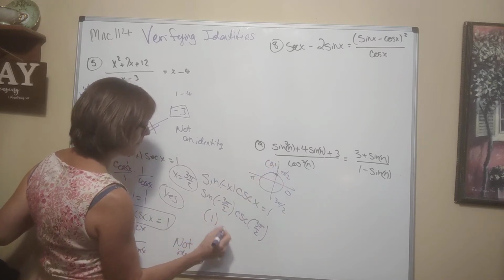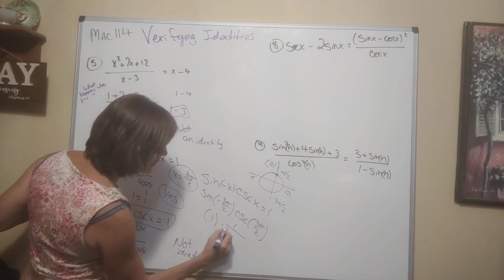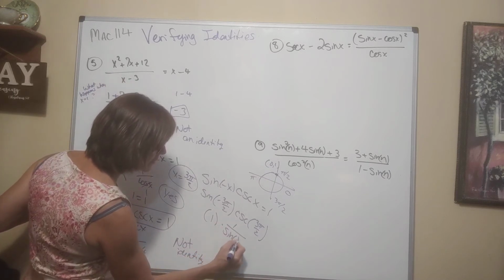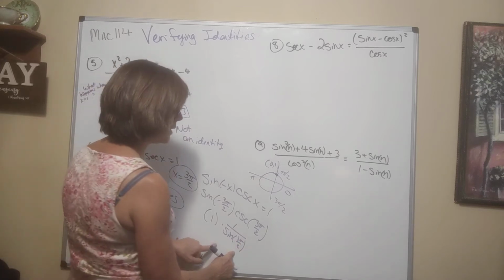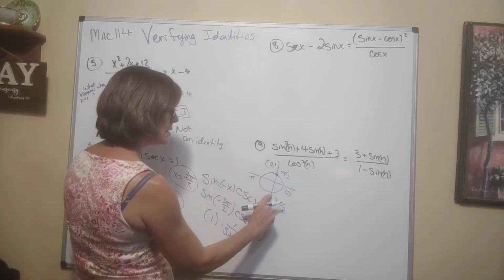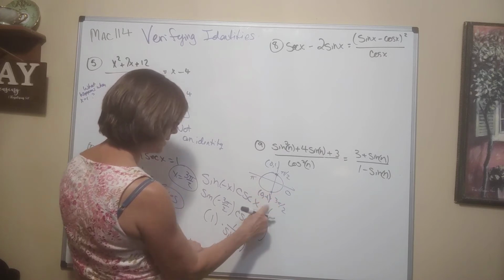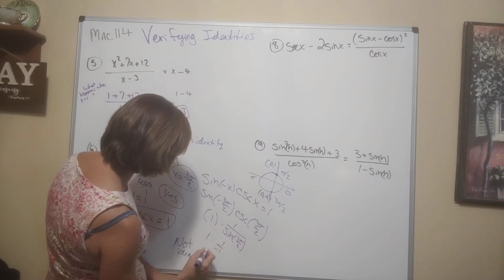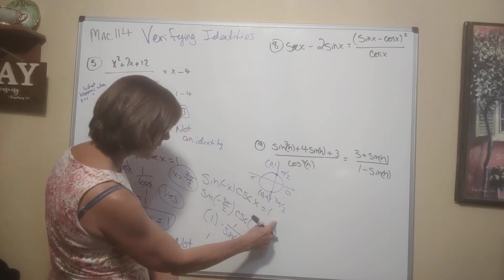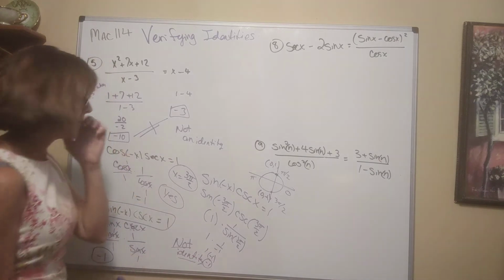Now the cosecant is 1 over the sine of positive 3 pi over 2. Where is that? It's here, 0, negative 1. So we have 1 times 1 over negative 1, which is 1 times negative 1, which is negative 1. Oh, it does not equal 1, does it? It's not an identity. We further proved that.